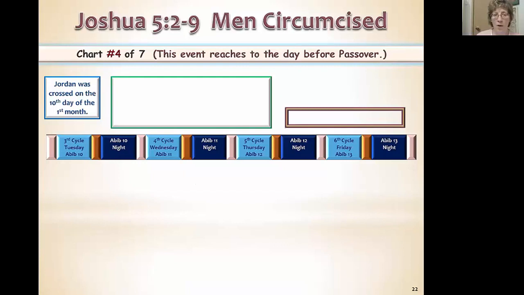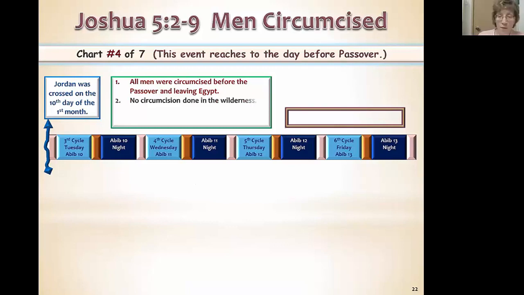We know that the Jordan was crossed on the 10th day of the first month. And the command to circumcise the men was given to Joshua because everybody that came out of Egypt had to be circumcised before the Passover. But there was no circumcision happening in the wilderness.